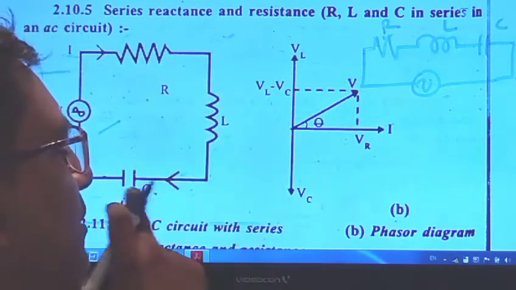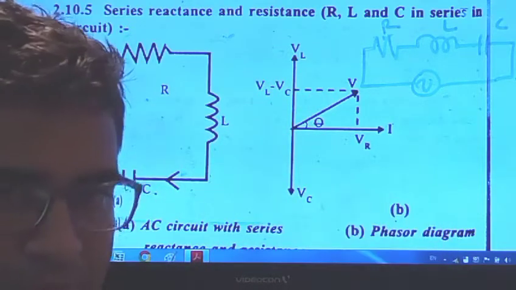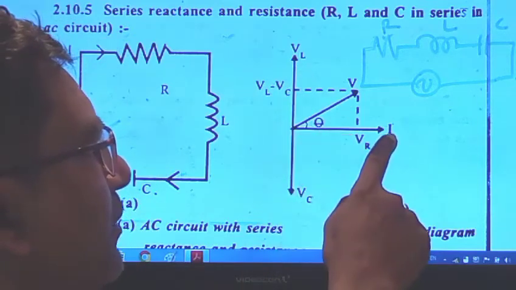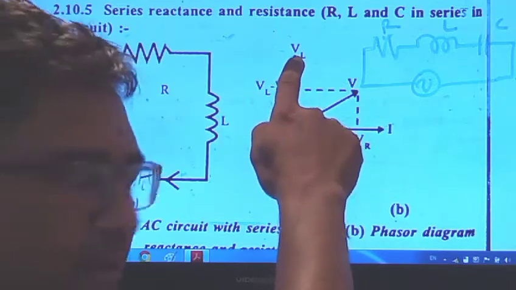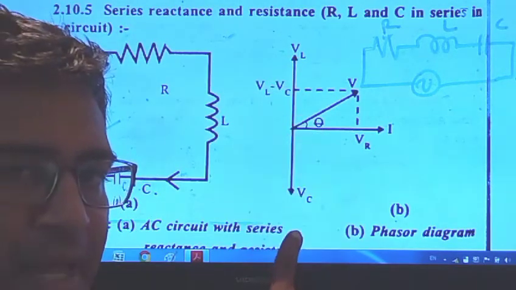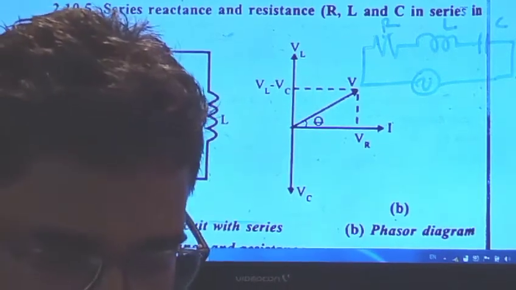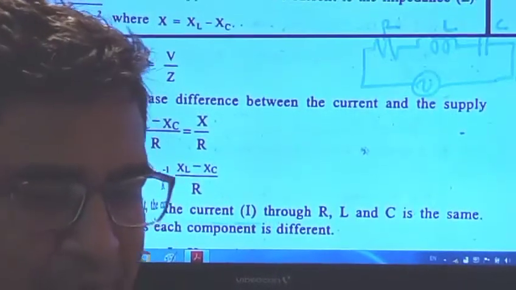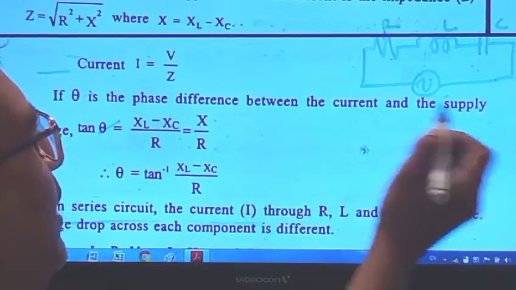Now we consider all three values, and the phase angle is shown like this for the current and the voltages across the inductor and the capacitor. The inductor voltage is leading and the capacitor voltage is lagging. When we use this, it forms an angle, which is the phase difference between the current and the supply voltage.